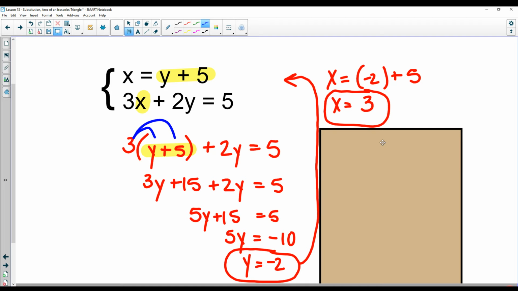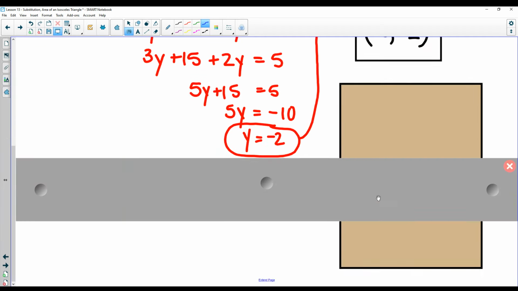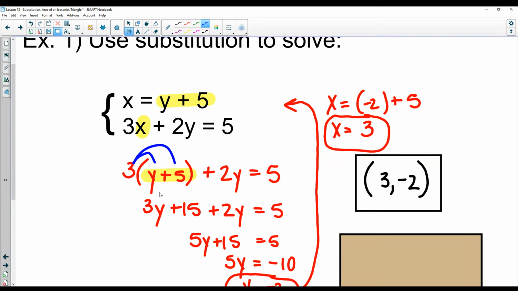Simplify it up, and we get x equals 3. So great, we have x and y, and remember our answer needs to be expressed as an ordered pair. So (3, -2) in parentheses.